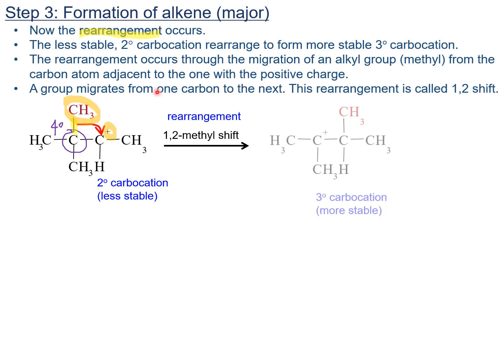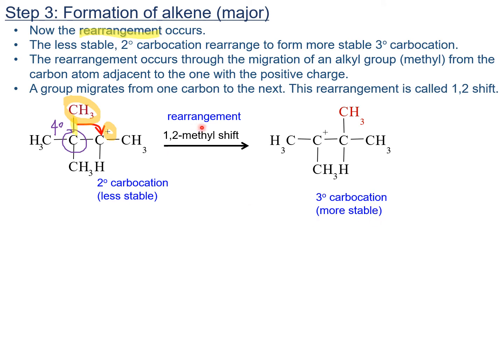Therefore, the product of the rearrangement that you will get is this tertiary carbocation. Okay, di mana this carbon yang dahulunya ada positive sign, dia dah dapat CH3. Lepas tu carbon yang ada CH3 tu dapat positive sign. So dia akan jadilah tertiary carbocation, which we know that tertiary carbocation is the more stable carbocation.